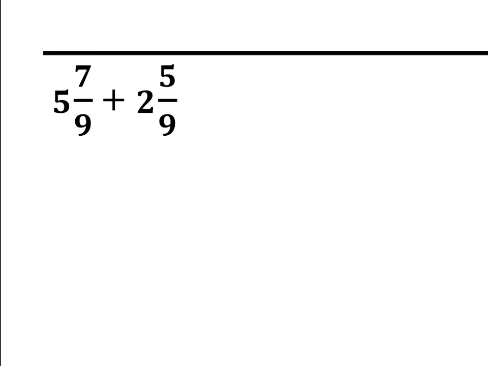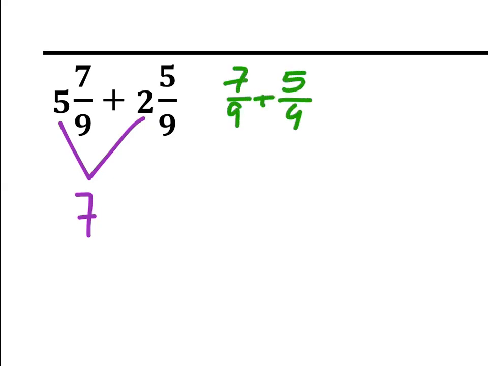Alright, this one I'm going to use the second method, so no cycle method on this one. Probably not the next one either. But I'm just going to take the 5 plus the 2, which would be 7, and then the 2 fractions, right? 7 ninths plus 5 ninths. And yeah, I'm using this method because the denominators are the same, which hopefully you noticed when you started this problem. And 7 plus 5 would be 12 in ninths right there.